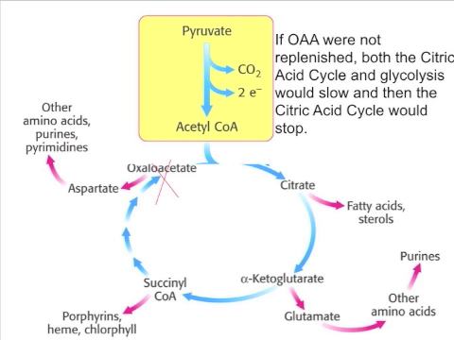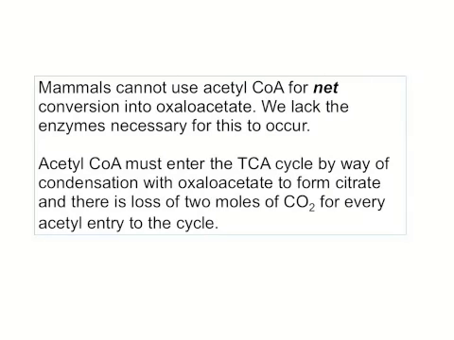If we were to remove succinyl-CoA for the production of porphyrins, we would soon run out of oxaloacetate. We need oxaloacetate to replenish the cycle. And so if we were constantly to remove intermediates, we would eventually slow the citric acid cycle. Now, mammals cannot use acetyl-CoA for net conversion into oxaloacetate.